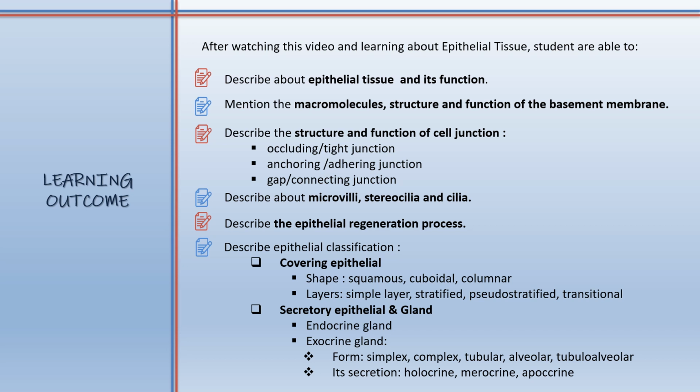There are three types of cell junction: occluding tight junction, anchoring adhering junction, and gap connecting junction. Describe the microvilli, stereocilia, and cilia. Describe the epithelial regeneration process, and describe the epithelial classification of covering epithelial and secretory epithelial and gland.